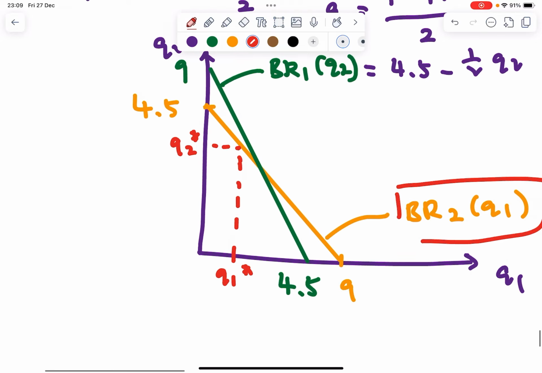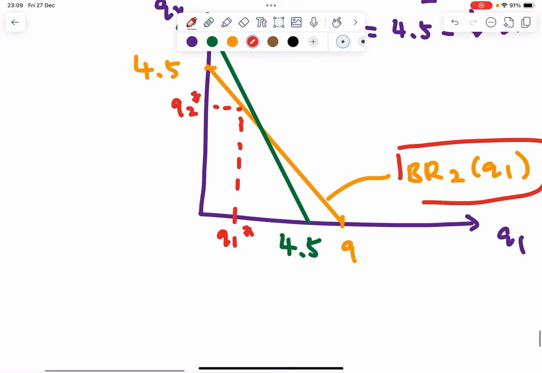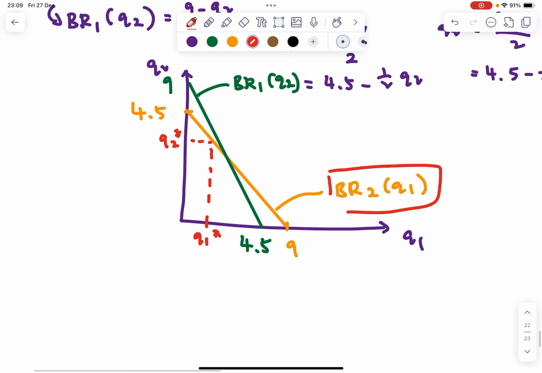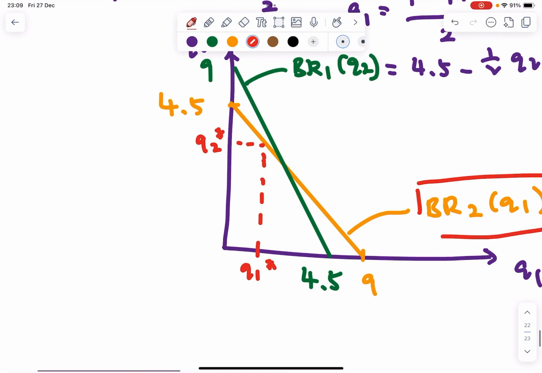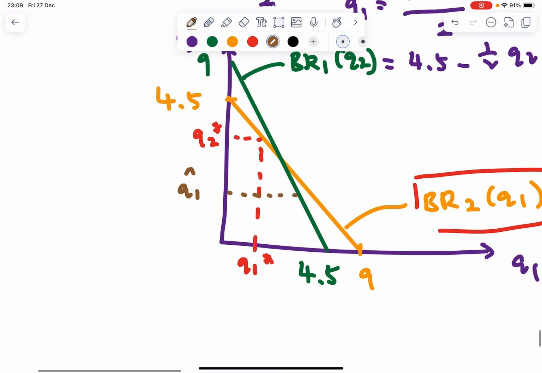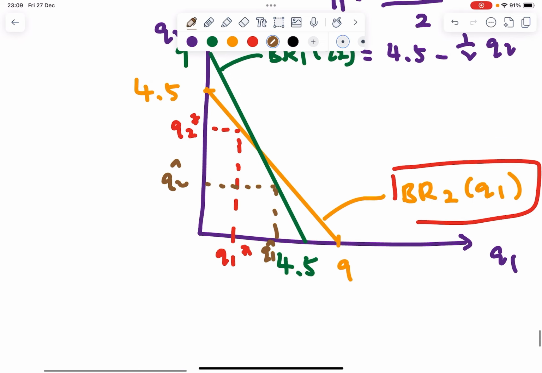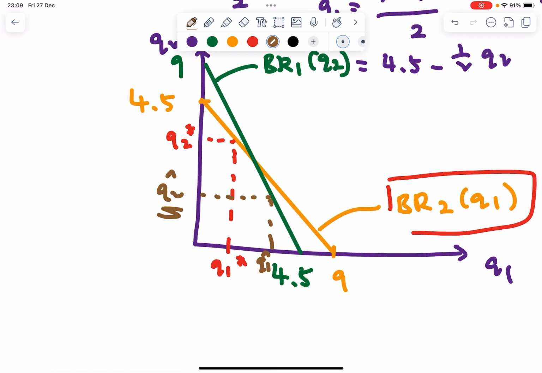Q1 star, Q2 star. Agreed? And then similarly, for firm 1, if let's say Q2 is chosen at a point maybe here, where this is Q2 hat, then firm 1 wants to produce Q1 hat, right? Because the best response function tells us that if firm 2 chooses Q2 hat, the best Q1 for me to choose would be Q1 hat.